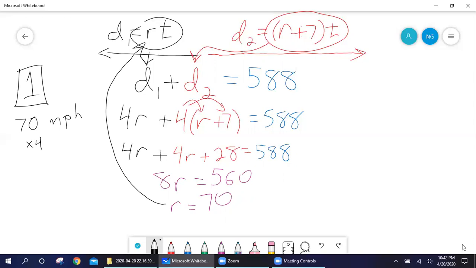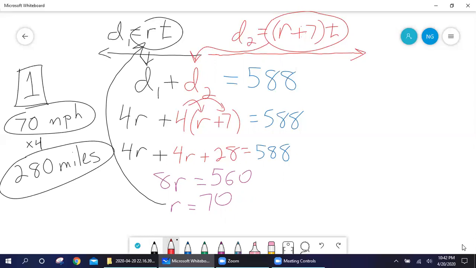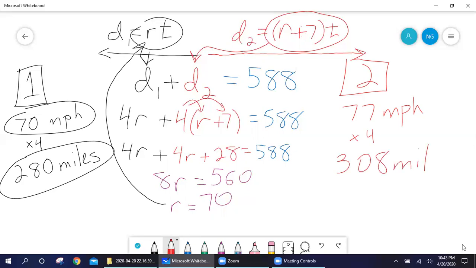So times 4, he went 280 miles. For trucker 2, his rate was the 70 plus 7 more, so he must have been going 77 miles per hour, or averaging that. Drove for 4 hours. So he went 308 miles.